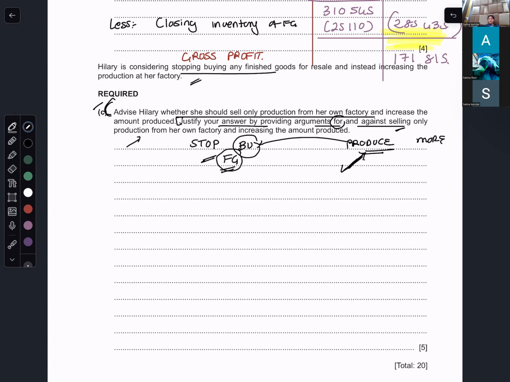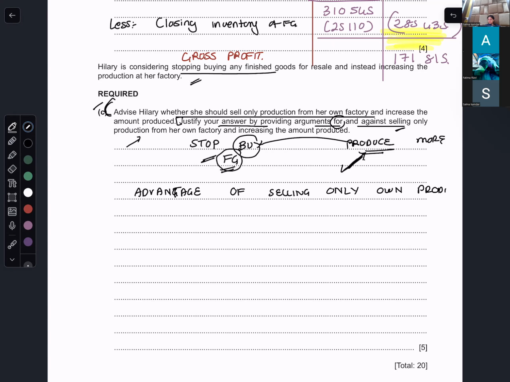So, what is the advantage of selling production from own factory? She can manufacture goods for less cost. So, they are telling you that they want the arguments for and against selling only own production.